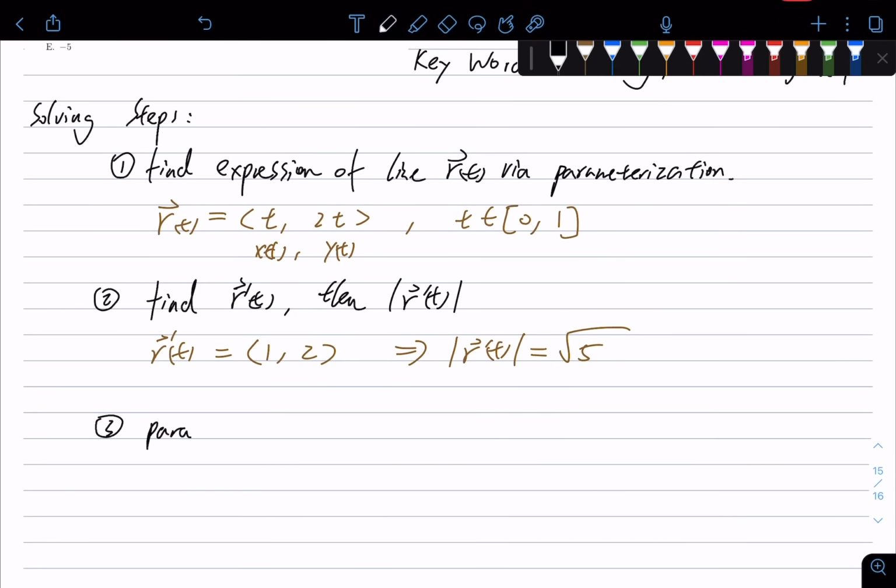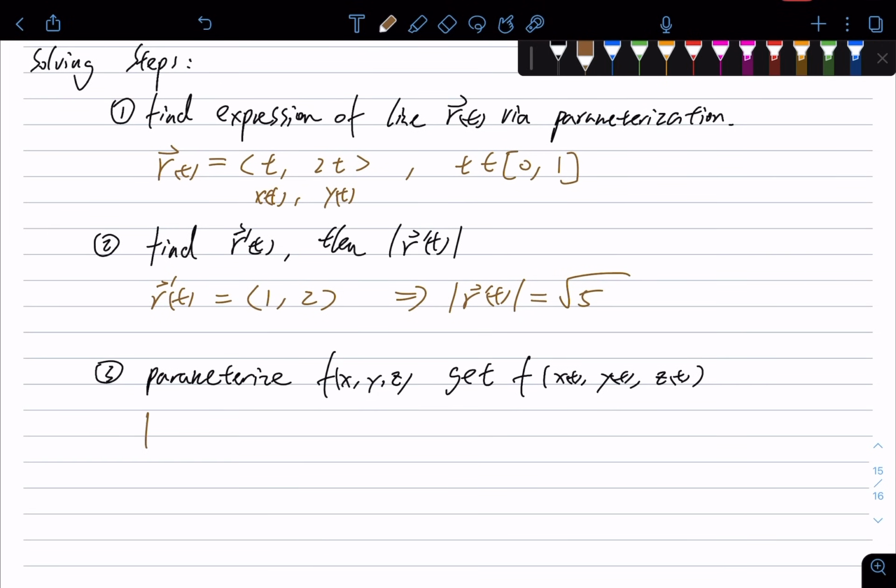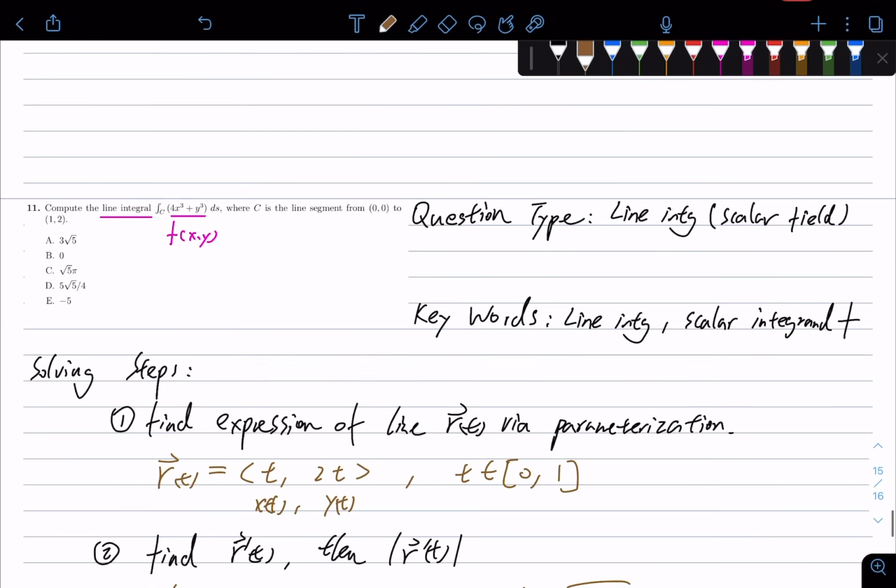Parameterize function of f, x, y, z, right? We don't have a z in this case, and get f of x of t, y of t, z of t. Okay, so in this case, f equals, now what do we have?